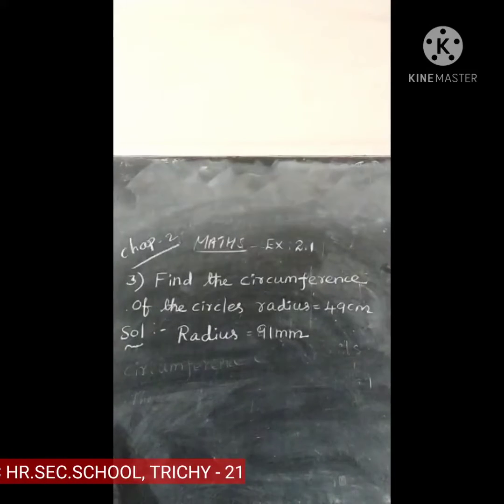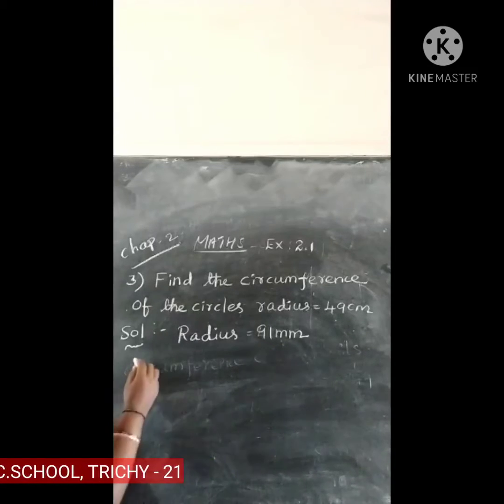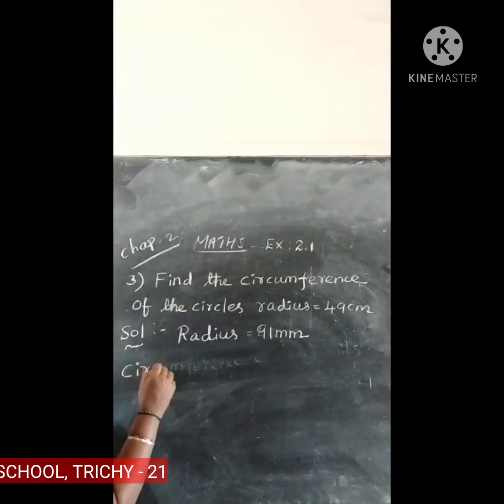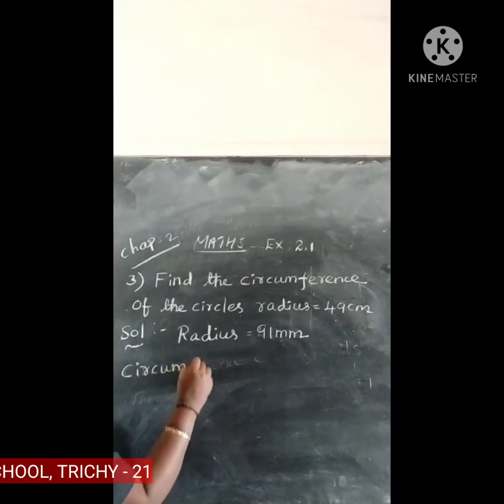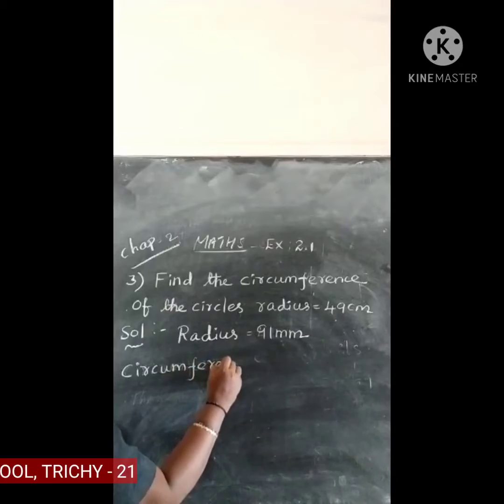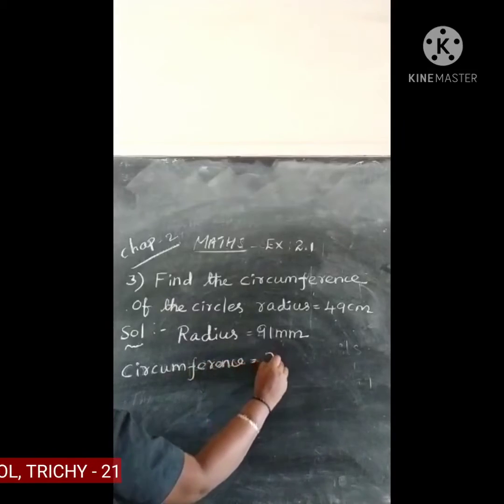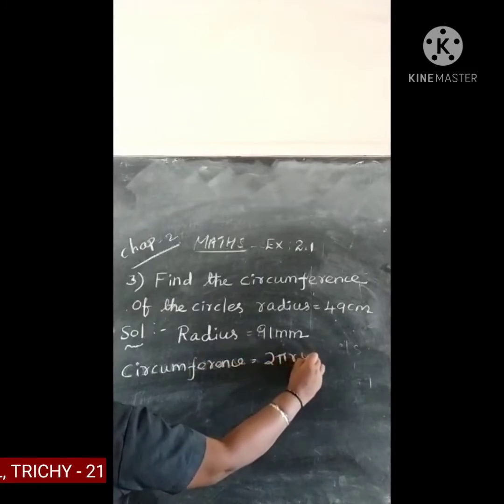In the second one, given radius 91 millimeter, we find the circumference of the circle. First we write the formula. Circumference is equal to 2 pi r units.